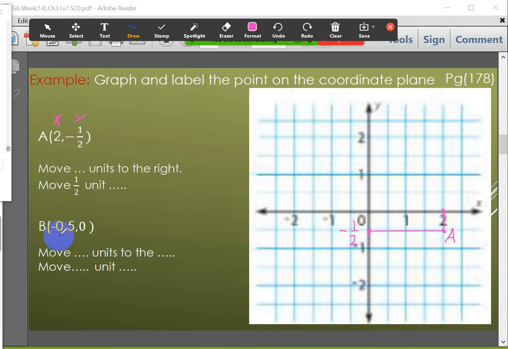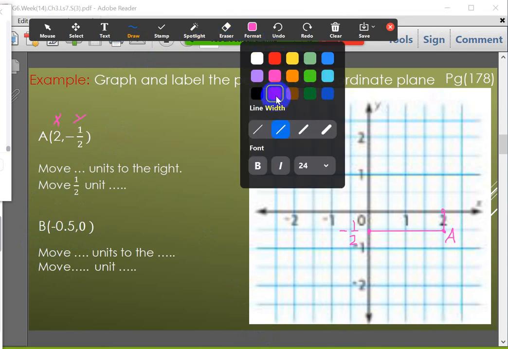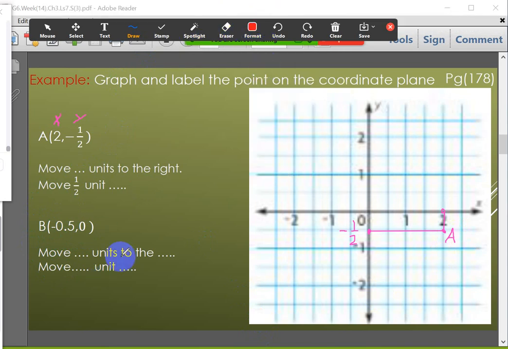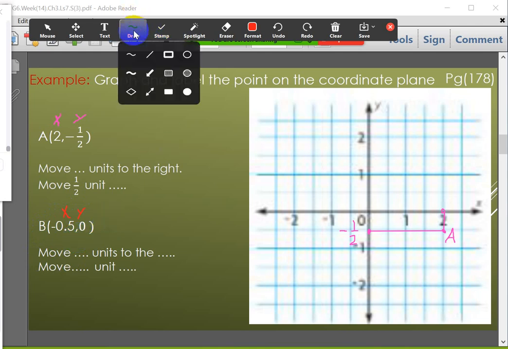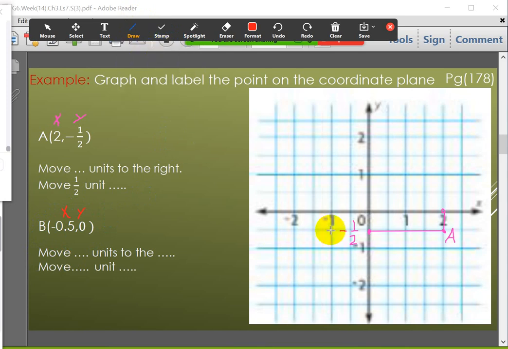Now let's see B. B is (-0.5, 0). The first one always will be what? The x coordinate, and the second one is the y coordinate. The x coordinate is -0.5. You know that 0.5 will be between 0 and 1, but because I have a negative number, that means I have to go to the left side of 0.